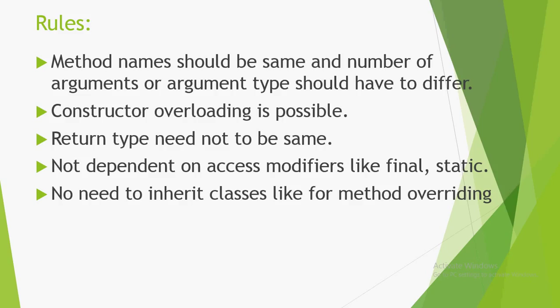In overloading, the number of arguments or the argument type should be different. And in overriding, the return type should be the same. In overloading, the return type need not be the same. Overriding is dependent on access modifiers like final or static. Overloading is not dependent on access modifiers.